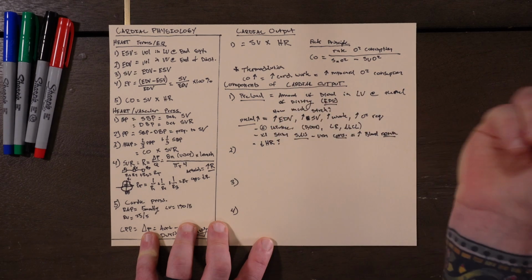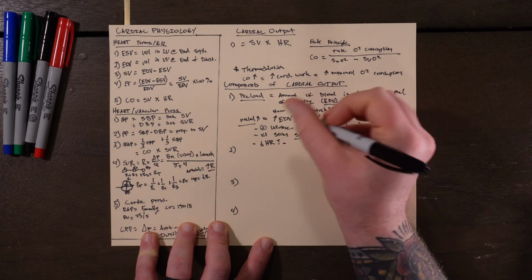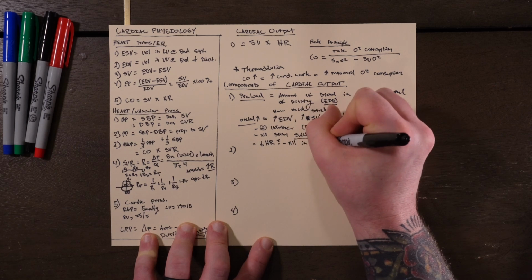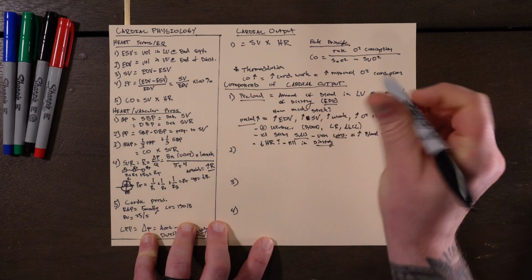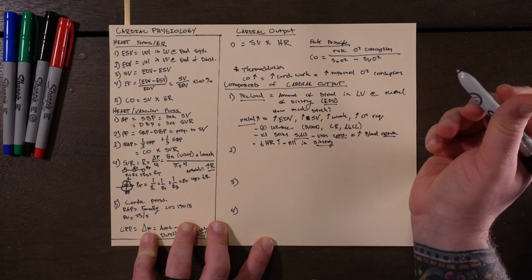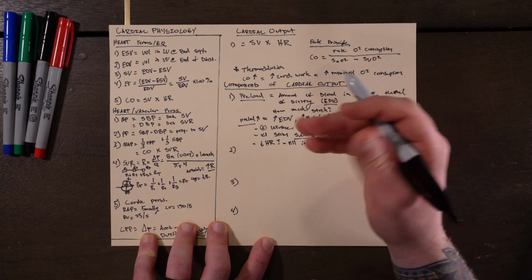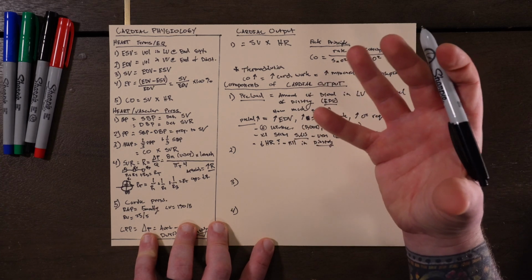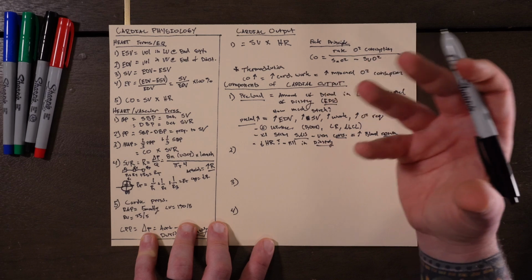Now, decrease heart rate, why would you say that? Well, because the heart fills during diastole. So you need adequate filling time for the heart to fill, right? So if you have a slower heart rate, you have more time for that heart to fill, you're going to have an increase in preload.